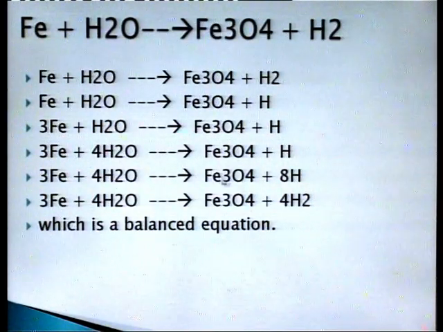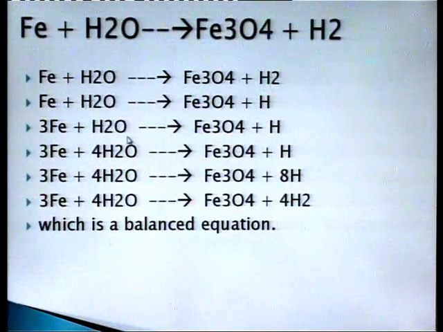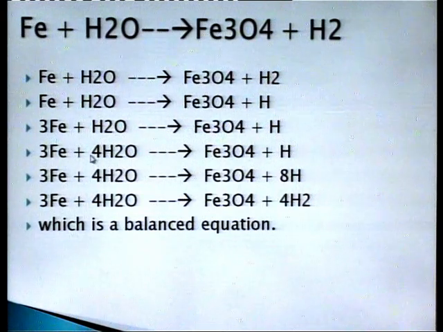In the next step, let us compare the number of oxygen atoms. The product side contains 4 oxygen atoms, but the left hand side contains only 1 oxygen atom. So, to balance this, multiply water by 4.